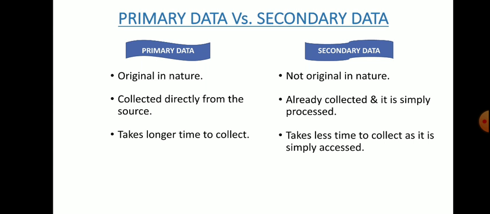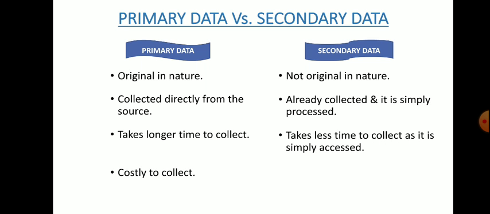Okay, it will take huge time, but when I use those data which have been published by the government, I will get them within a second, actually within a Google search, a fraction of a second, if the network connectivity is good. Or from those published data. It may be from a book also, means we can purchase the book and we will get the data, the journal or the book. So easily accessible.